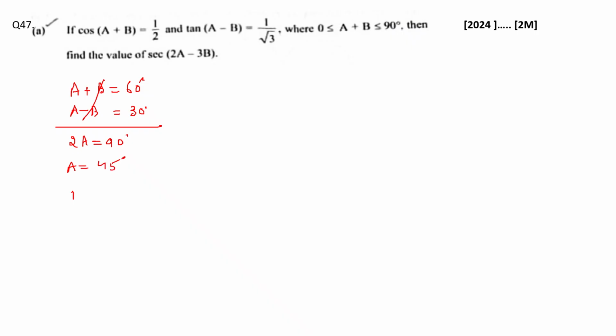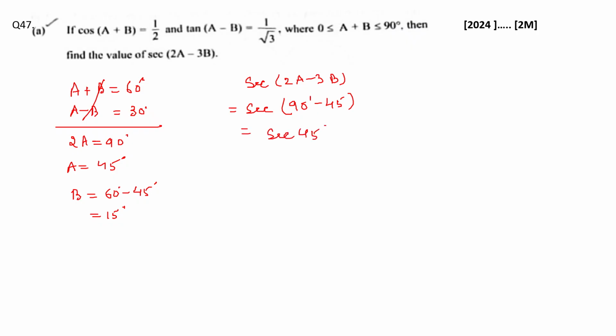So if a is 45, b will be 60 degree minus 45 degree, which is equal to 15 degree. Now you have to find the value of sec 2a minus 3b. So sec 2a, 2 into 45 is 90 degree and 3 into 15 is 45 degree. So it will be sec 45 degree and sec 45 degree value is root 2. So 47 answer is root 2.